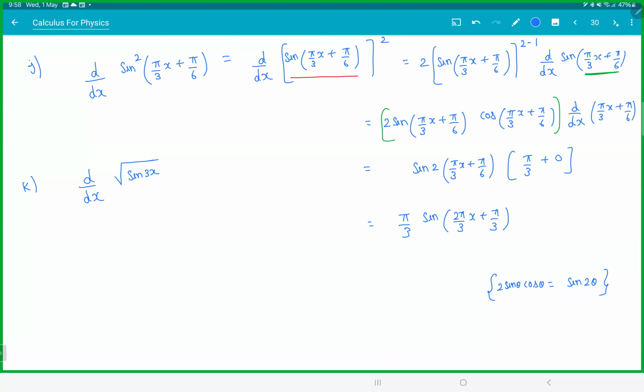Any doubts on the J part? Please ask me. Any doubts on the J part?